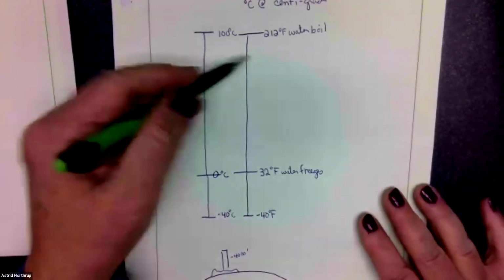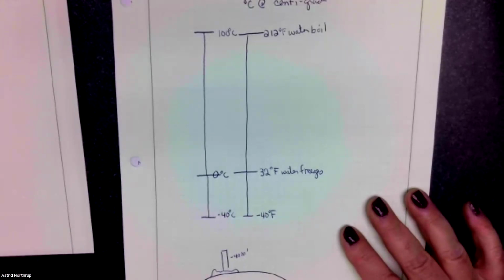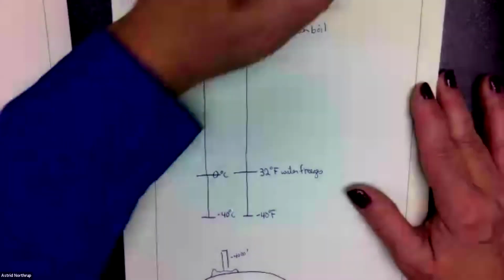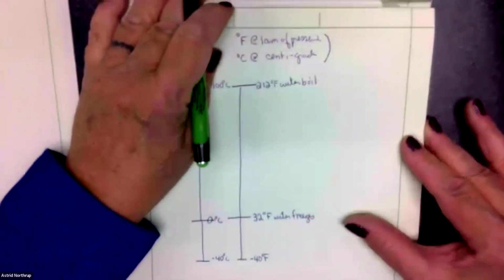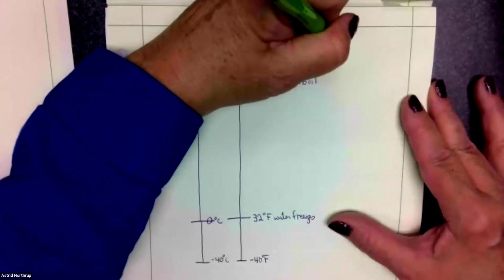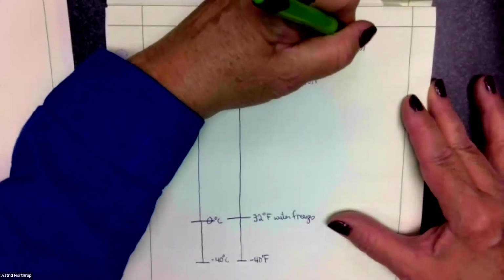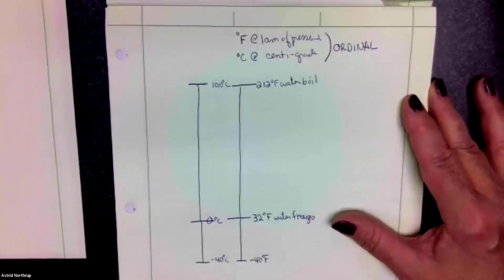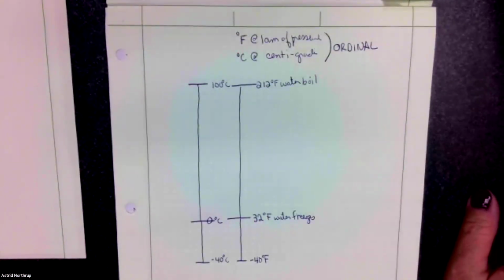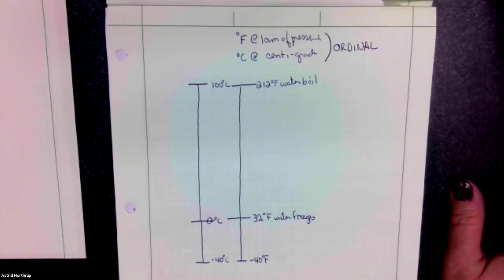Anyway, but here are the two scales, these are referred to as ordinal scales. Ordinal just means the 0 doesn't really have a fixed or a totally benchmarked, clear, fixed meaning.